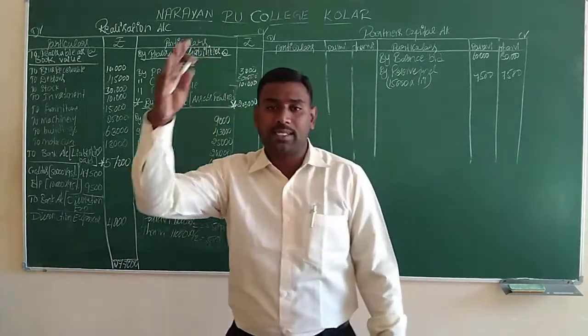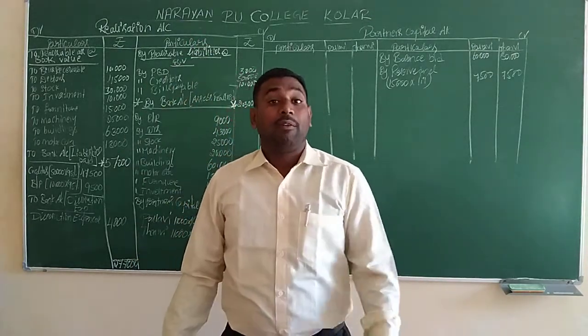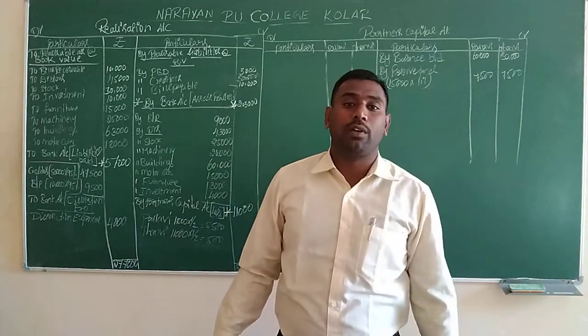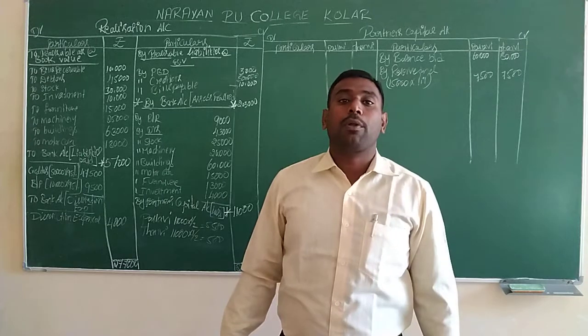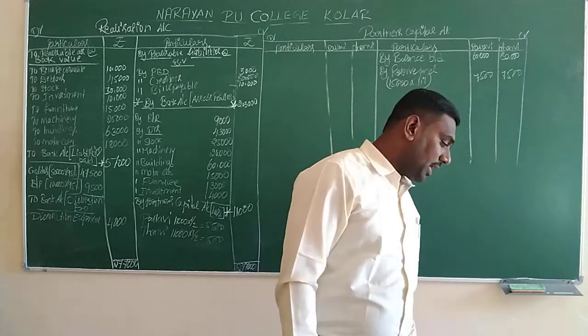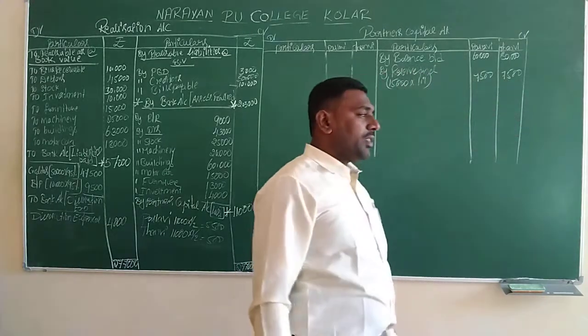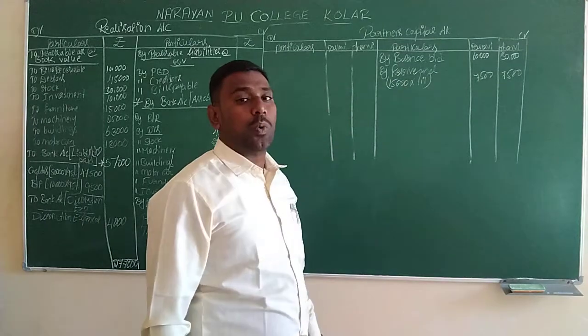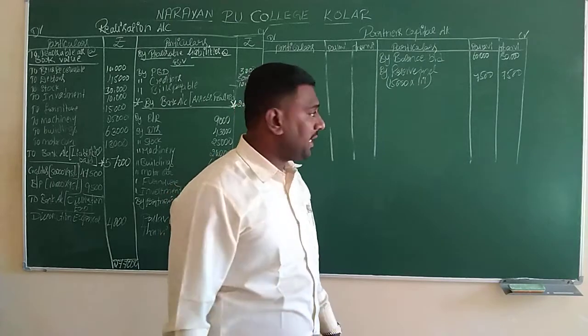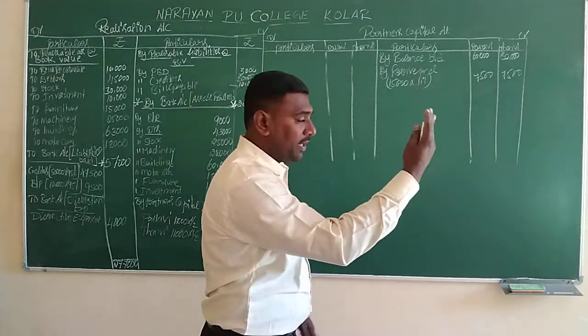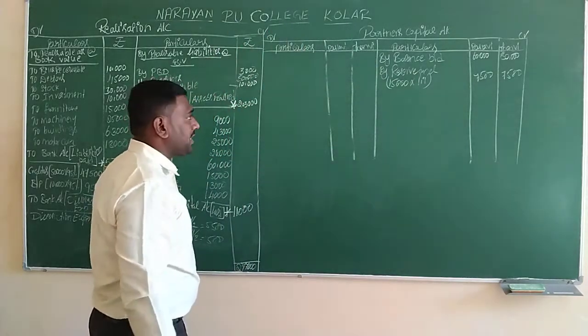Let's come to the asset side of the previous balance sheet. One transaction is left to record here, which is the profit and loss account given in the balance sheet. The value of profit and loss account is 12,000. Which side is it given? Asset side, that means right hand side. Now we transfer it to the left hand side of that account.